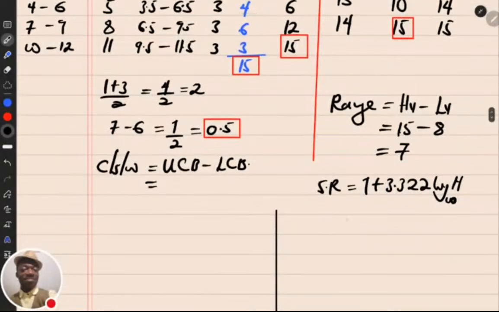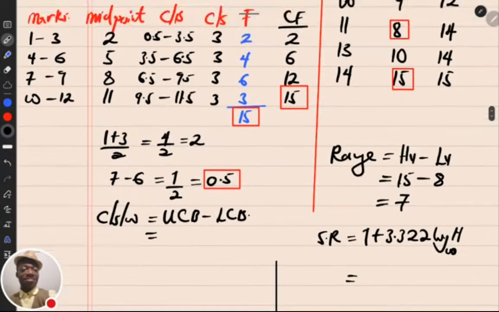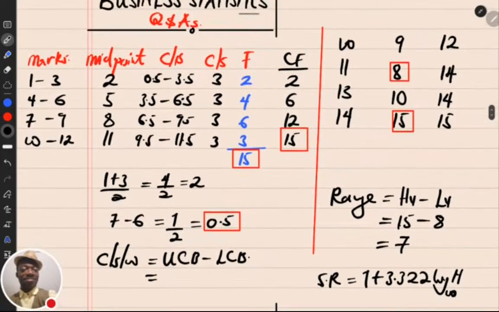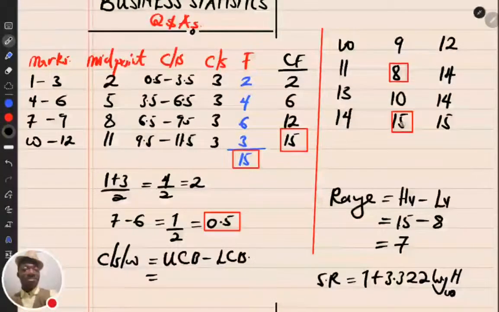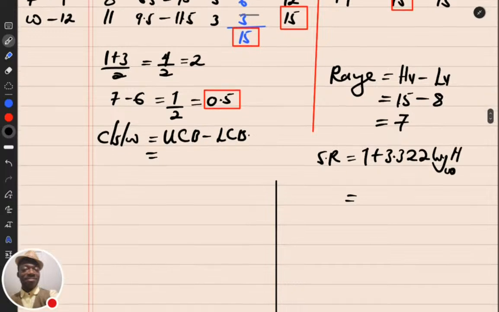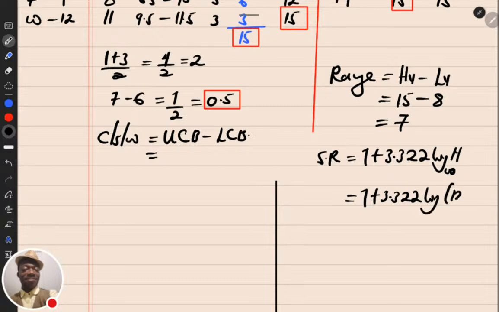Once we have this, let's count the number of frequencies that we have here. We have 1, 2, 3, 4, then 1, 2, 3. So on each column we have 4, on each row we have 3, so the set of data is 12. So Sturge's rule will be 1 plus 3.322 log 12, and the base is 10.